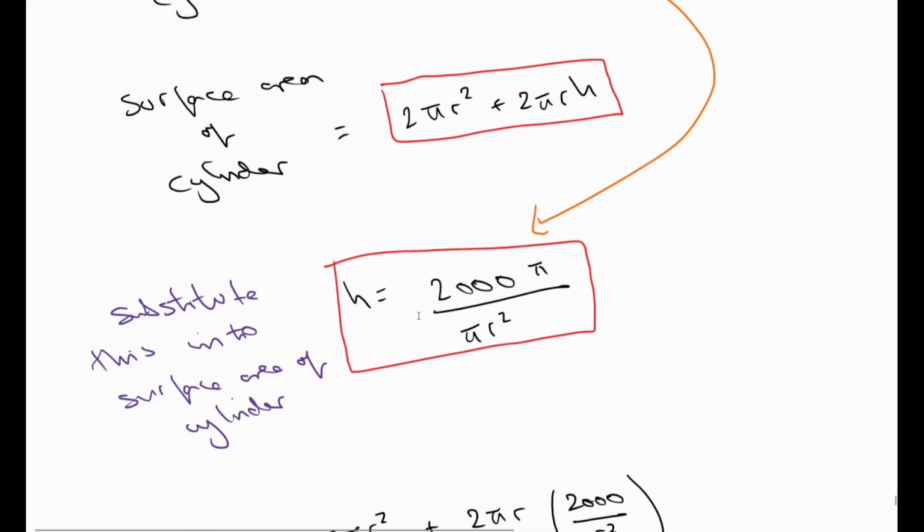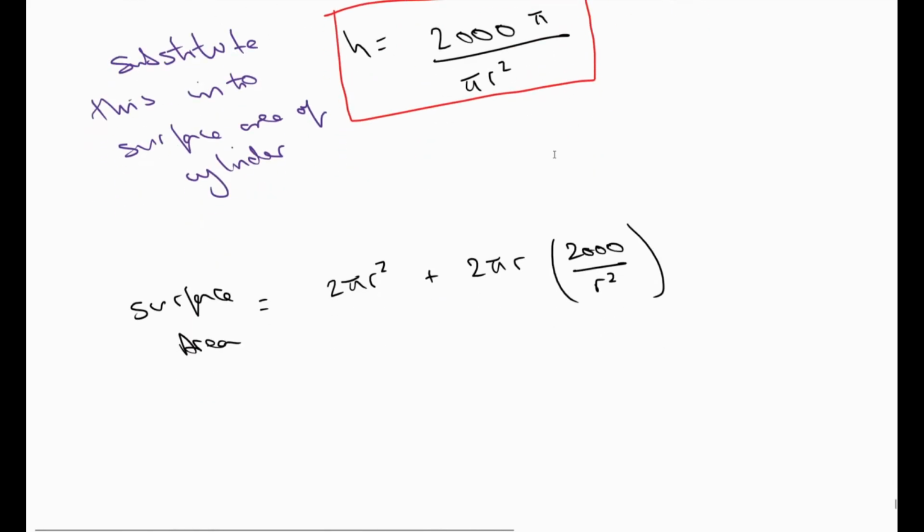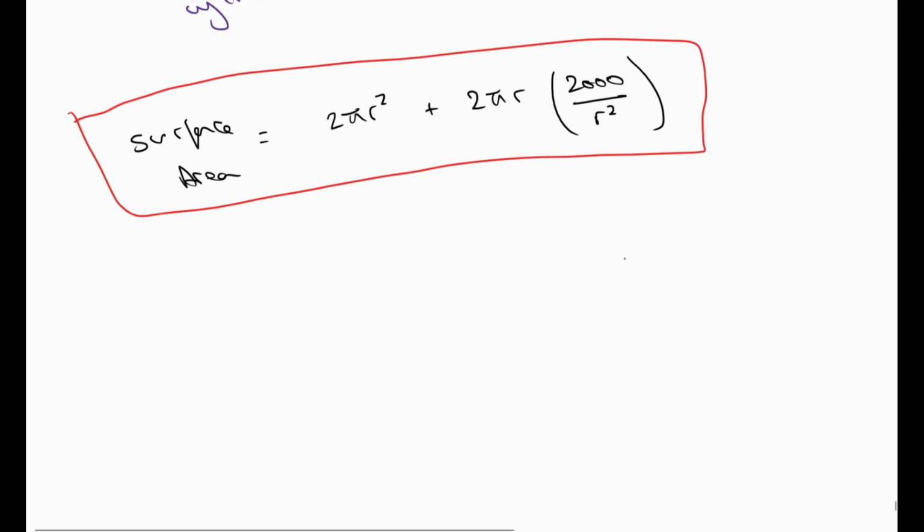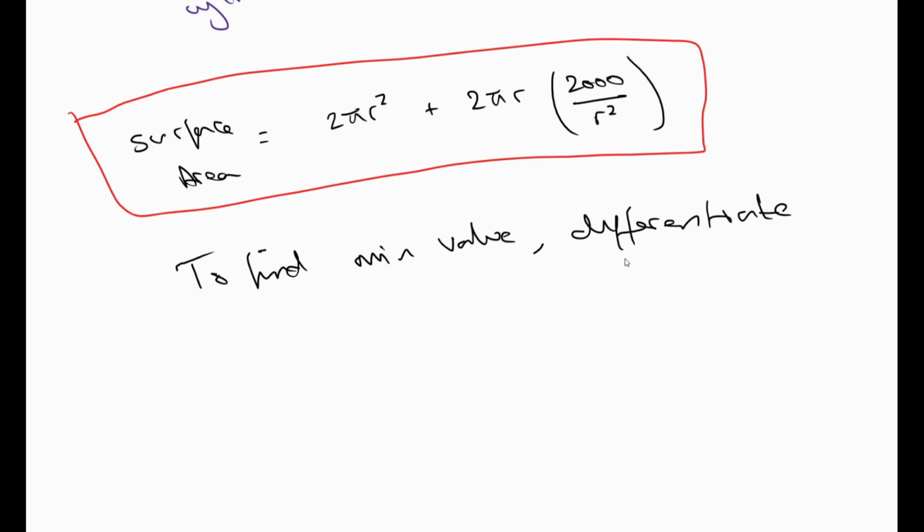Now we want to find the minimum surface area and the value of r that gives that minimum surface area, so we should differentiate once to find the stationary value, which is basically the minimum or maximum point. In this case, it's going to be the minimum point. Now the notation that I'm using is ds over dr. You can use f of r, since s varies as r.